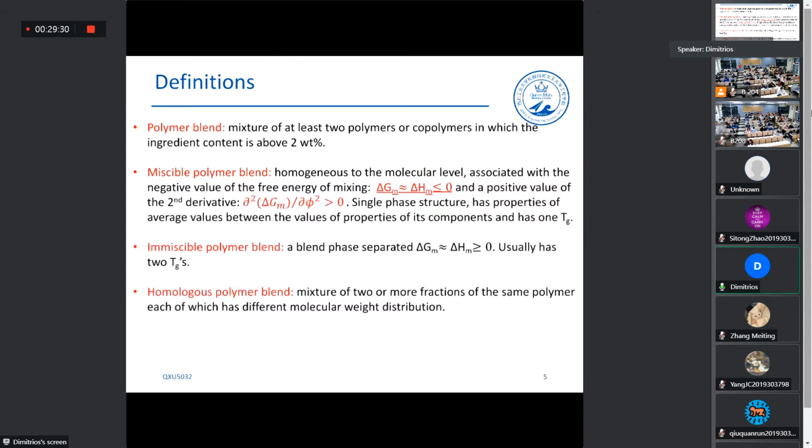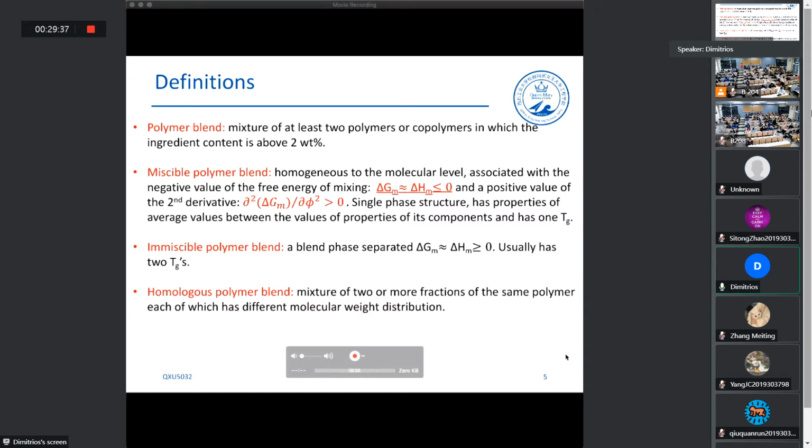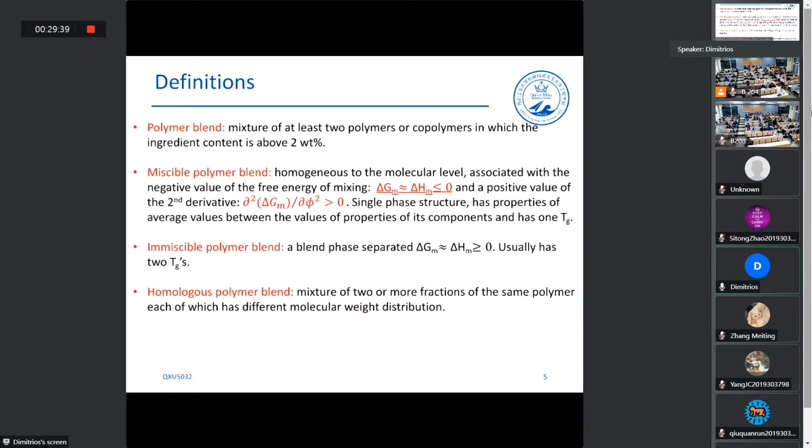So let's go and talk a bit about the definitions that we will be using throughout these 2 days, essentially, today and Monday, regarding polymer blends. Actually, only today we'll be talking about polymer blends, hopefully. So a polymer blend or a polymer mixture is a member of a class of materials which is essentially analogous to metal alloys, okay?